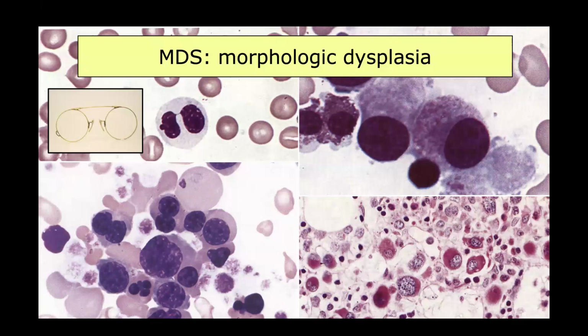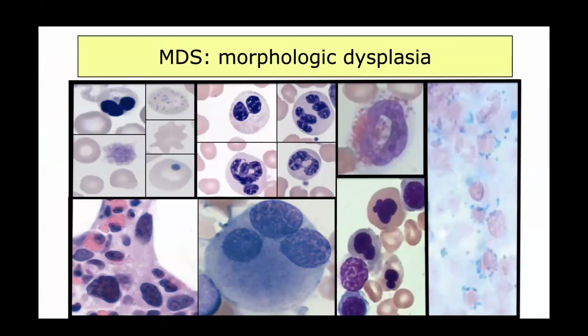And then top right and bottom right, of course, we have small hypolobated micromegakaryocytes. Bottom right in a bone marrow biopsy in which megakaryocyte morphology can be accentuated using a PAS stain. And on the left-hand side, some fairly profound dyserythropoiesis, excuse me.